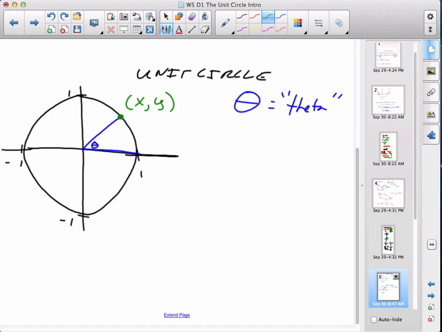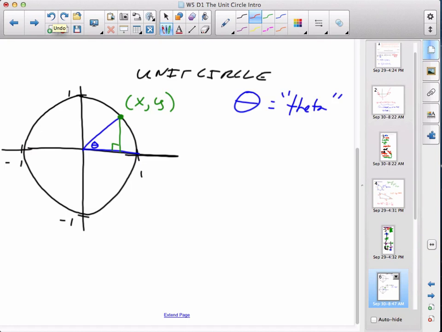Okay, and now what I want you to do is drop a little perpendicular right here. Drop a perpendicular from x comma y down to that point. So now, what three-sided figure are we looking at right here?